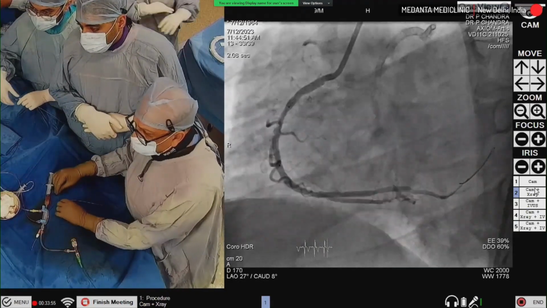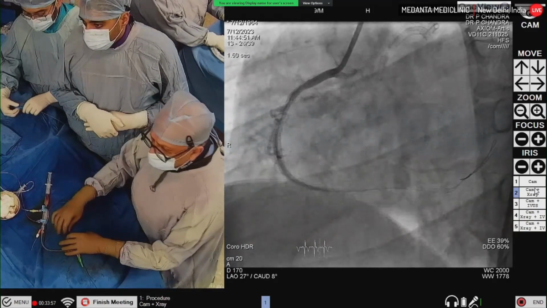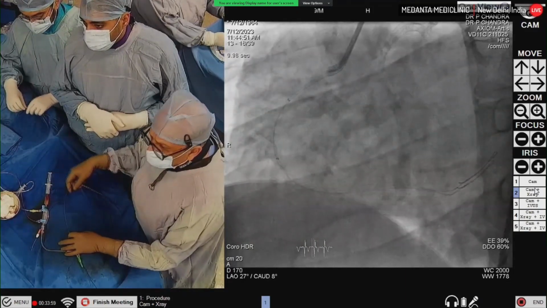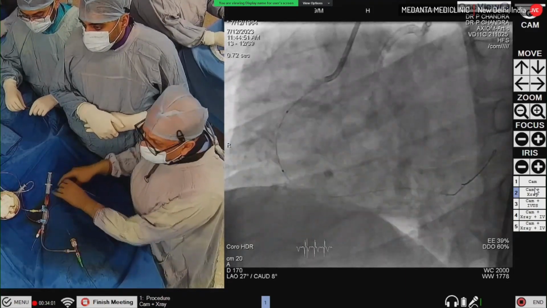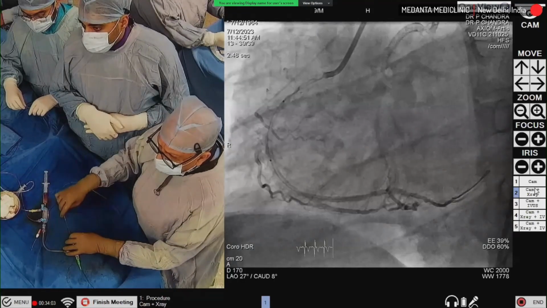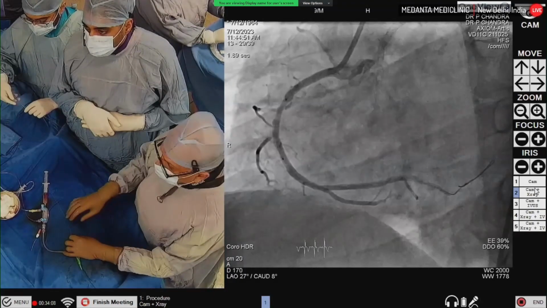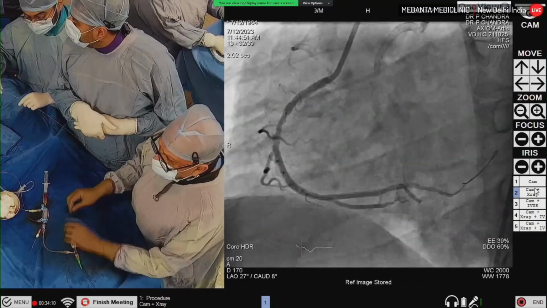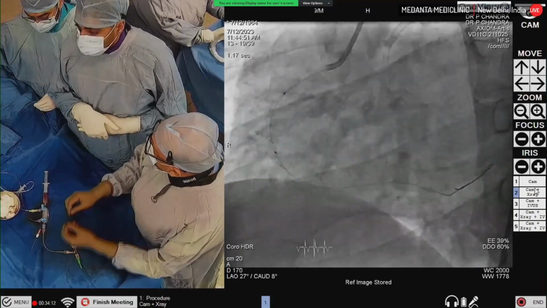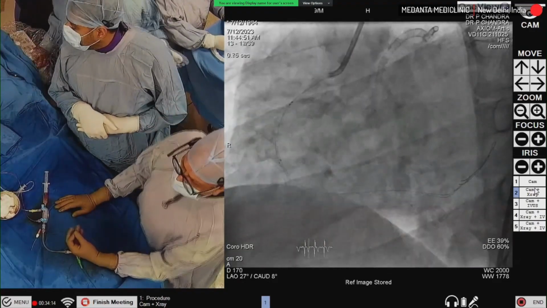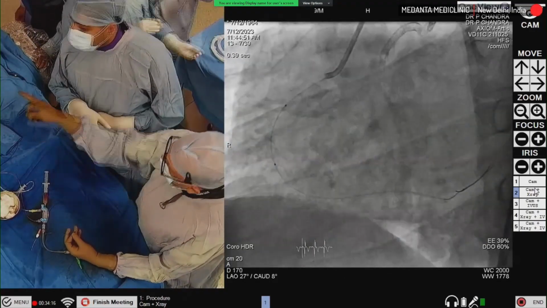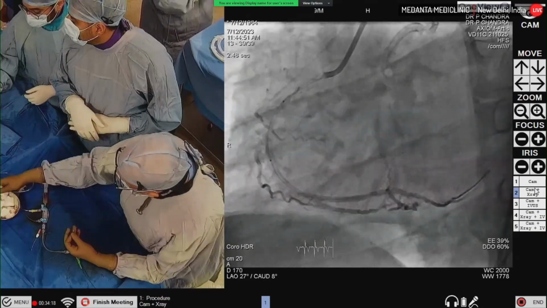To measure the size of the stent we have to take, you can see that we can easily take maybe a 30. It's better to take a little longer one. Yeah, 30, 34, 38. Give me a 38, please. 3.0 38 or a 3.25 38. How much was the size of the vessel on IVUS?